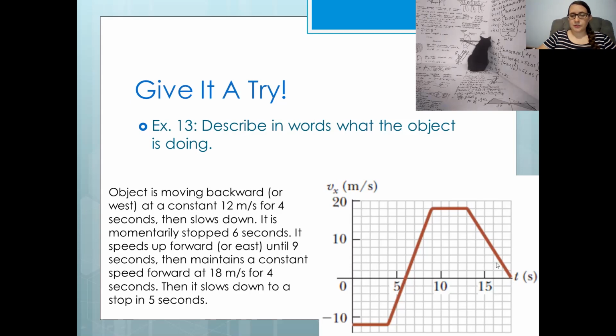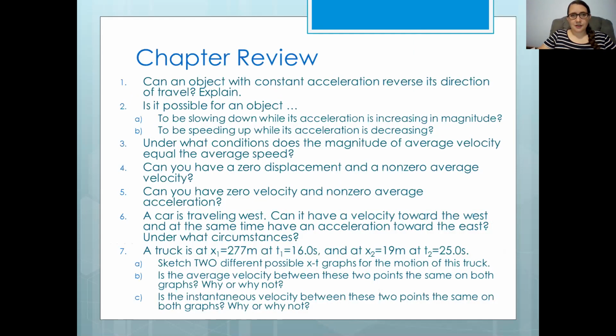So it slows down to a stop. Okay, so if you think about what kind of object is doing this motion, you could have a whole bunch of potential answers for this. But that's just going to help us think through what is going on in this scenario. Okay, so here are the chapter review questions.